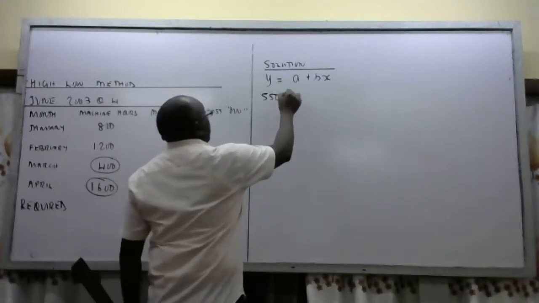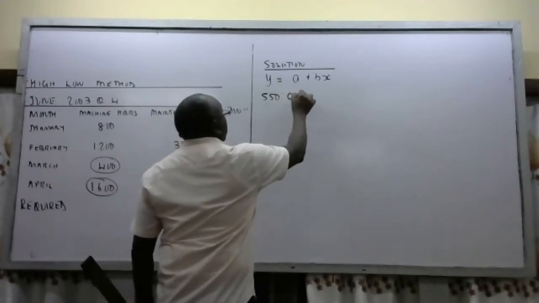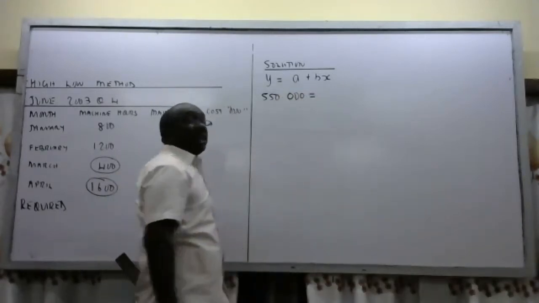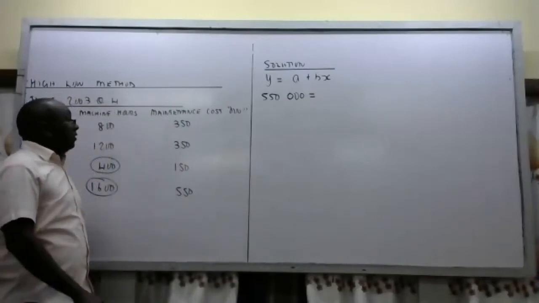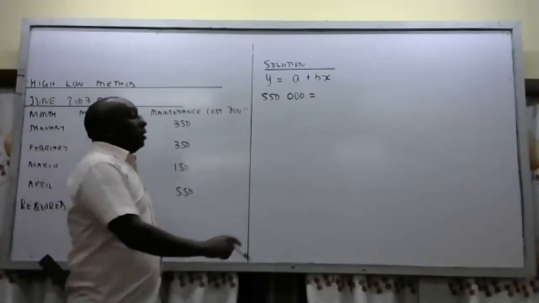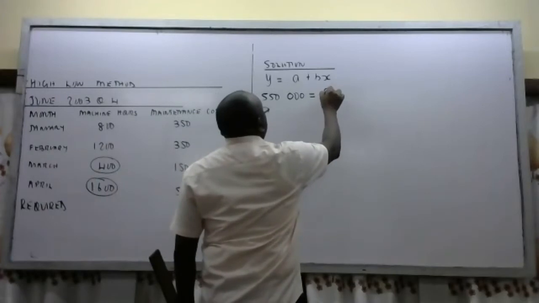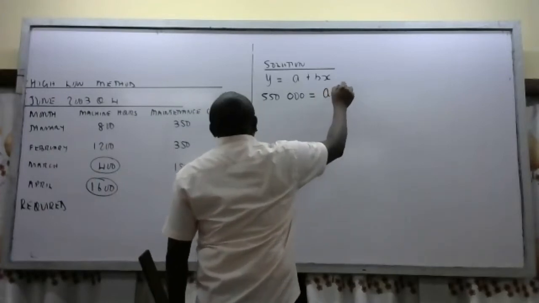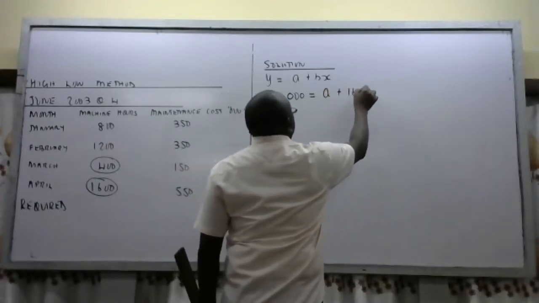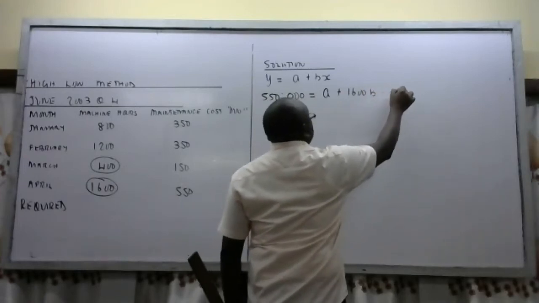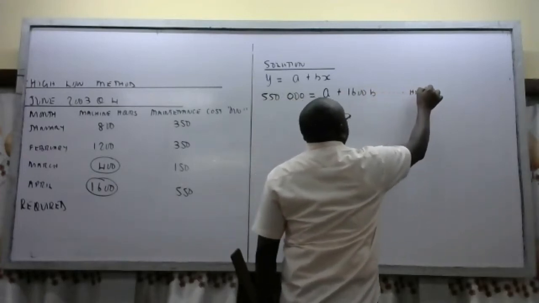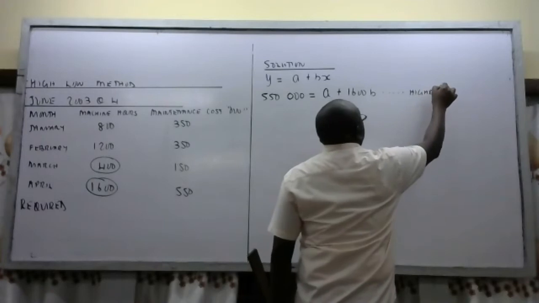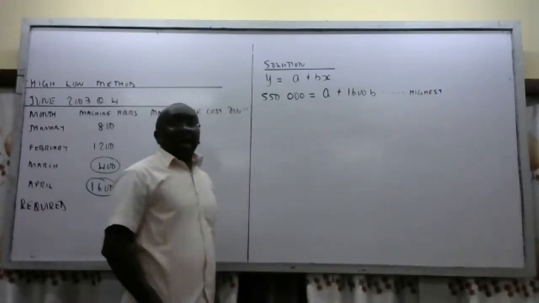So the easier way that I want us to do for this one is to restore those zeros, so that you work with 550,000 being equal to A plus 1600B, and this is because of the highest.